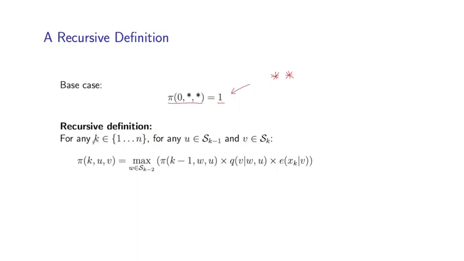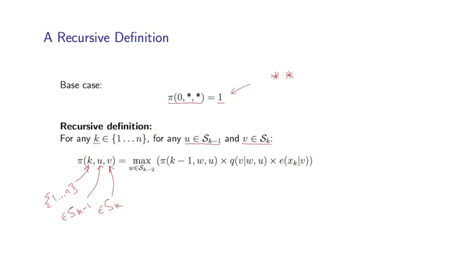So it's saying for any value of k, for any u in S k minus 1 and v in S k, so remember k can take any value in the range 1 to n. u is always going to be in the set S k minus 1, so this is going to be one of the tags which are possible at position k minus 1. And similarly, v can take any value in S k. Remember, S k is the set of possible tags allowable at position k.